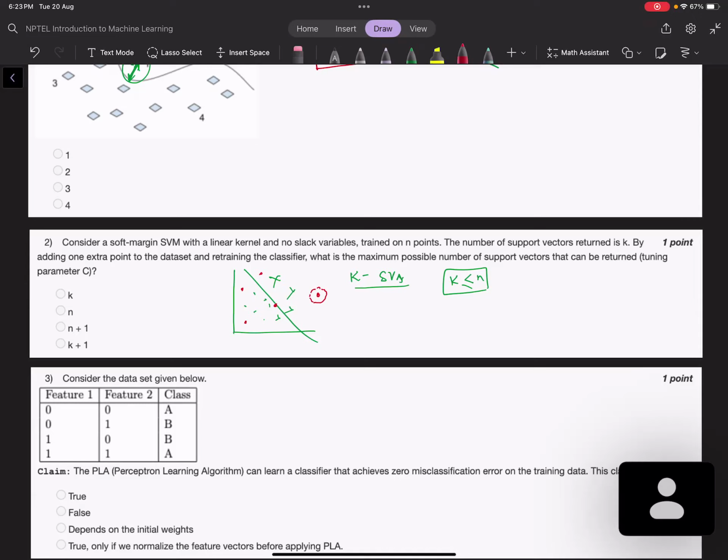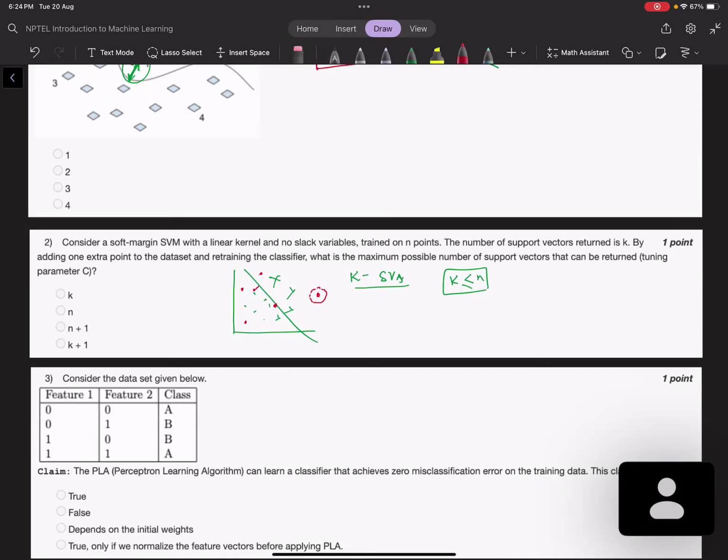If the new point lies very far from the decision boundary, it is less likely to become a support vector, because support vectors are the vectors that support the hyperplane, right? But if the point lies on the decision boundary or close to it, it's highly likely that it will become a support vector. This is because support vectors are the points that define the decision boundary, right? So if it is on the boundary or near, it will form a support vector.